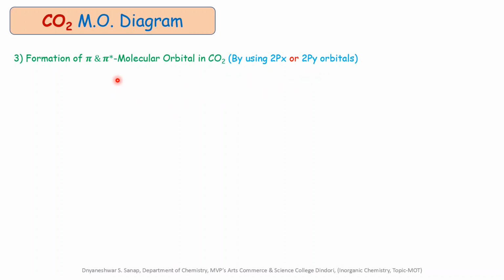Let us see first of all the formation of pi molecular orbital by using the 2px and 2py atomic orbitals of carbon and oxygens.